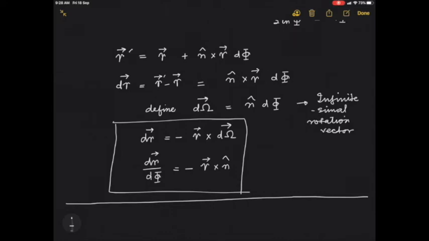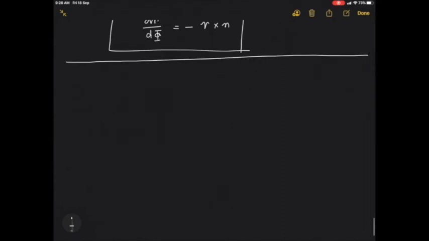Okay, now, we are talking about infinitesimal rotation here. So let me show you a few things that are good about infinitesimal rotation compared to finite rotations.